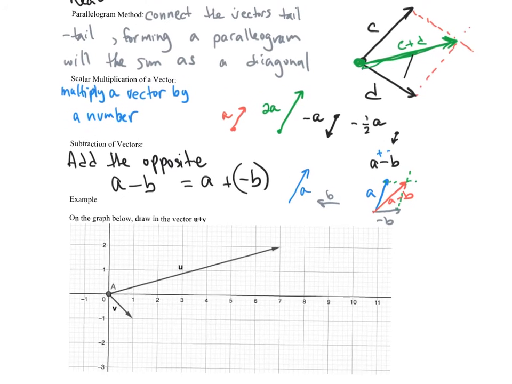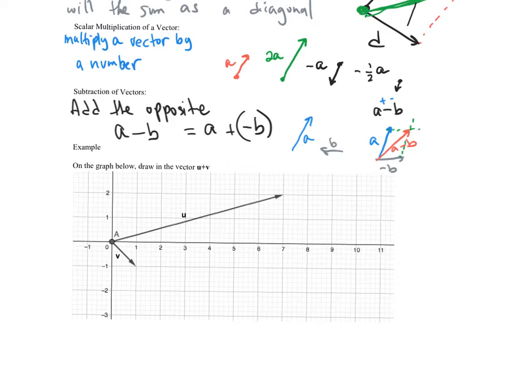So if we look at this example here where we have these two vectors, they are already tail to tail, so it would be really, really simple just to go ahead and form our parallelogram. So we have vector u and vector v, and so vector u plus v would be this vector here, because we're just looking where the diagonal of that parallelogram formed by those two vectors are.